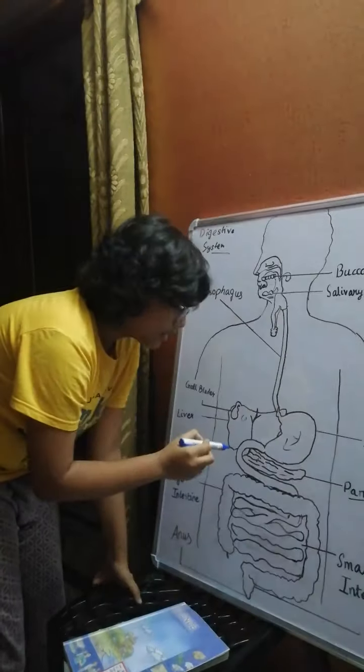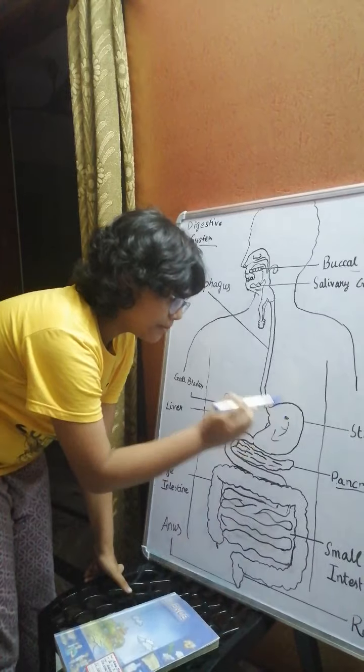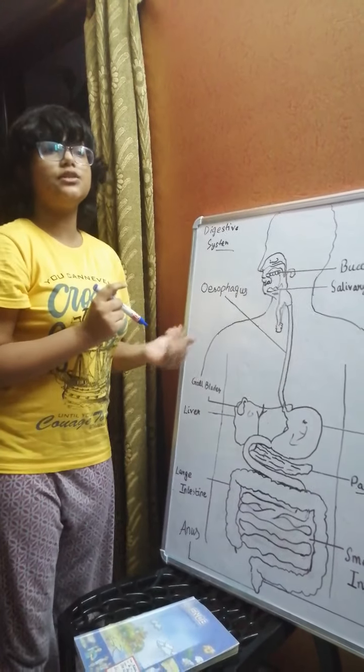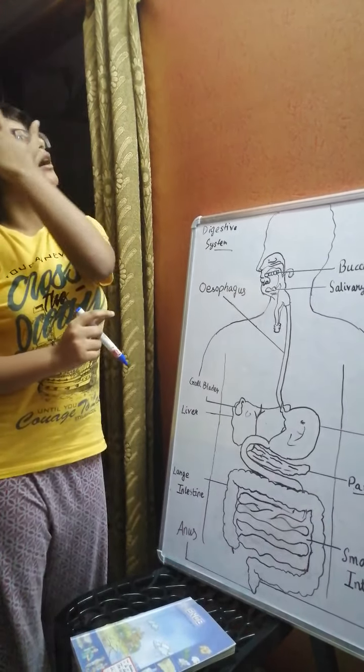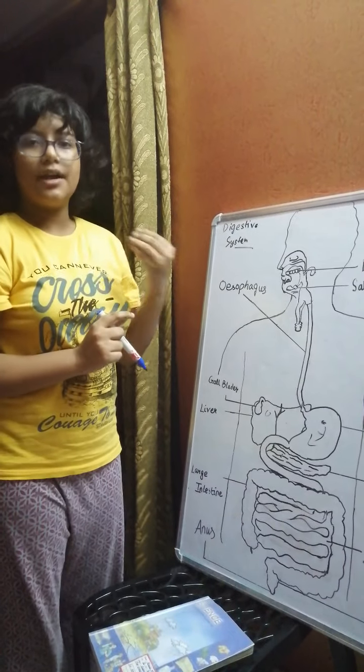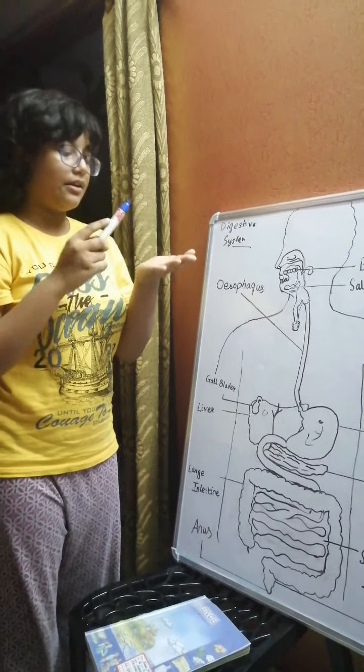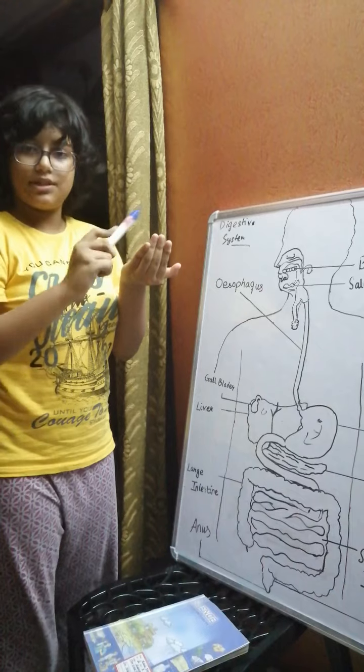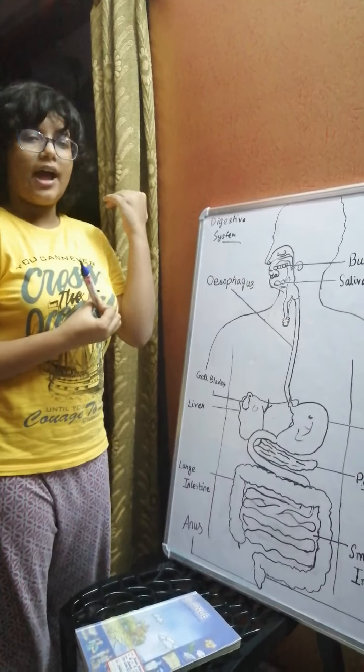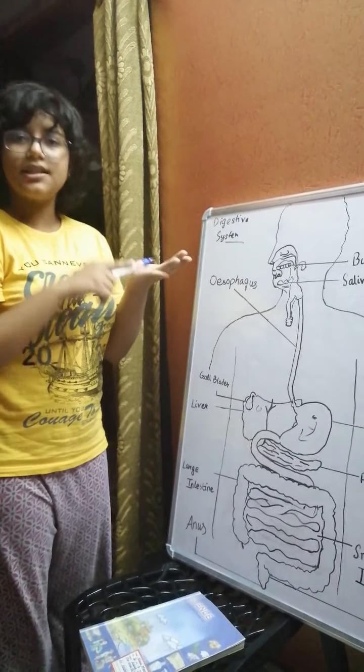Here the proteins are converted into amino acids, the carbohydrates into simple sugars like glucose, and fats are converted into fatty acids and glycerol.